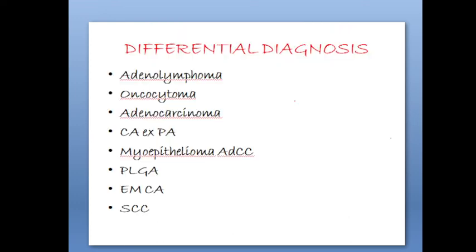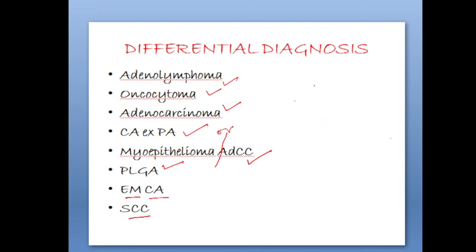Coming to differential diagnosis of pleomorphic adenoma, it can be Warthin's tumor, oncocytoma, adenocarcinoma, carcinoma ex pleomorphic adenoma, myoepithelioma or adenoid cystic carcinoma, polymorphous low-grade carcinoma, epithelial myoepithelial carcinoma, and squamous cell carcinoma.